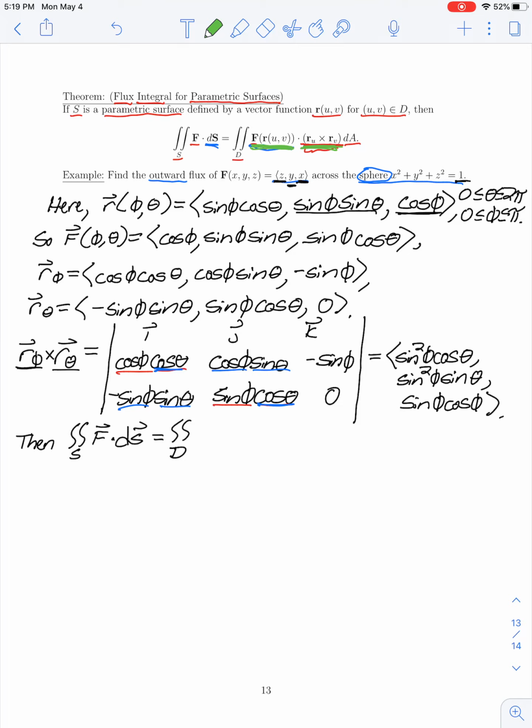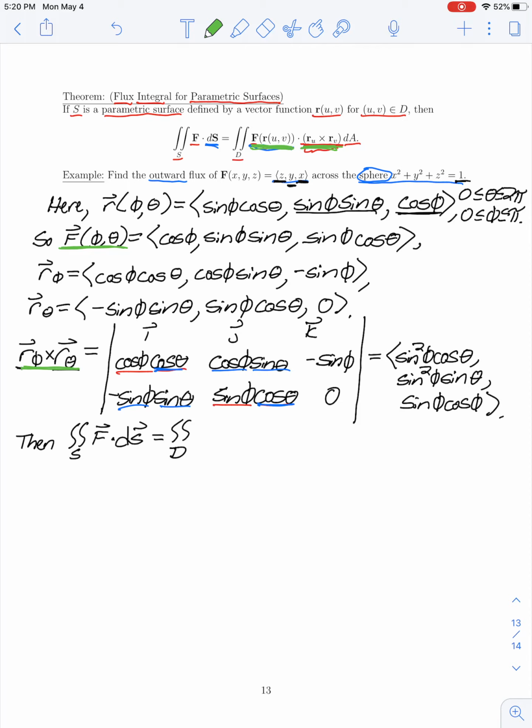So recall that we found our vector function F in terms of the parameters phi and theta was given here, and our cross product was just found here. So let's see what we get for our integrand.